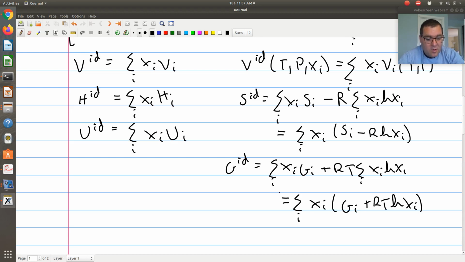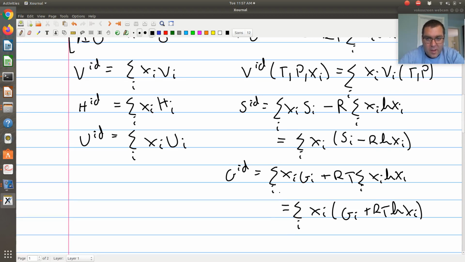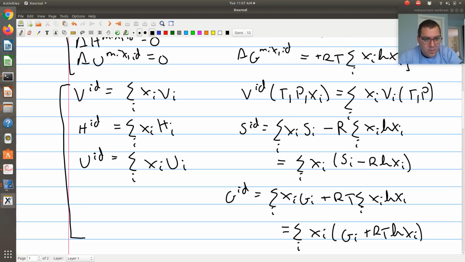Okay, cool. So there are my expressions for my thermodynamic properties in an ideal solution.